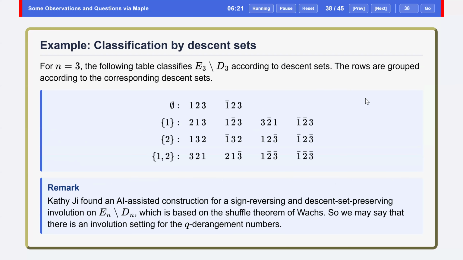This computation can be justified. KCG found an AI-assisted construction for a sign-reversing, descent-set-preserving involution, which is based on the shuffle theorem of Wachs. So we may say that there is an involution setting for the q-derangement numbers.